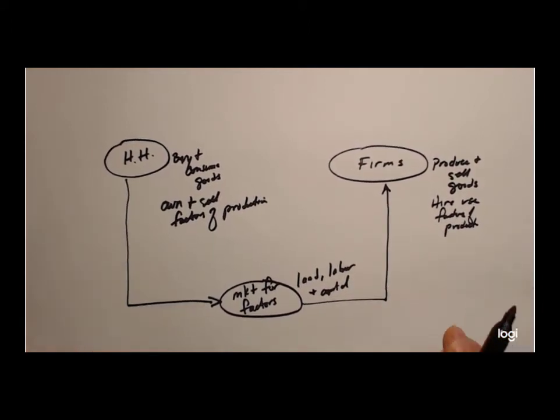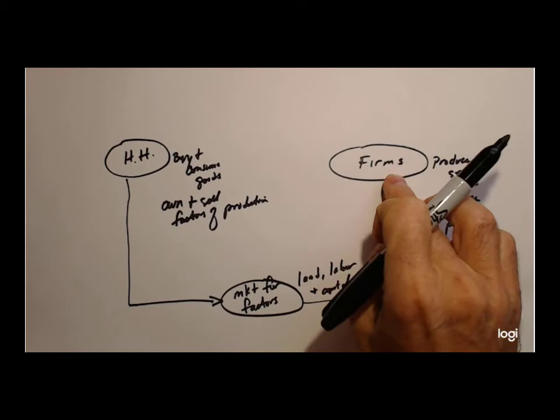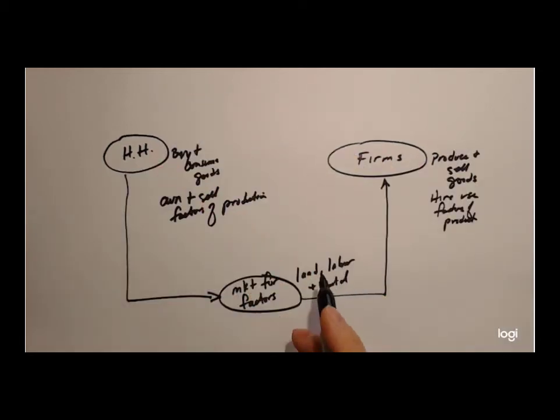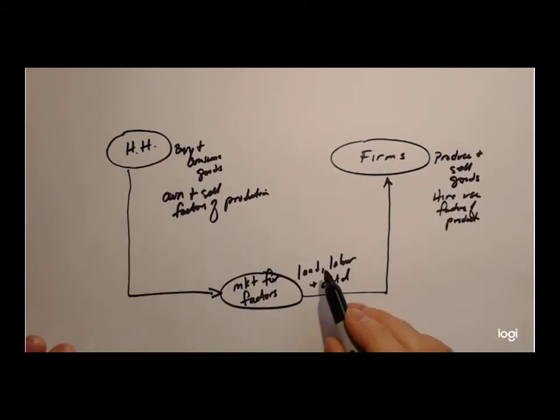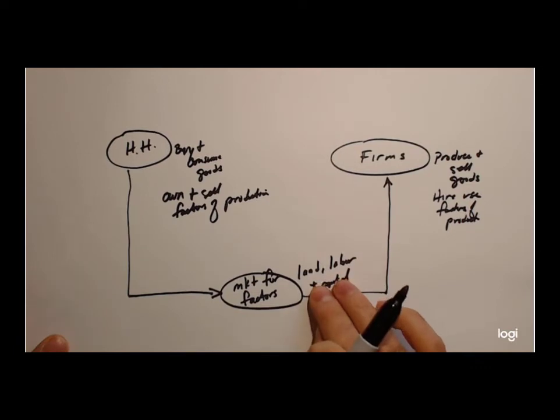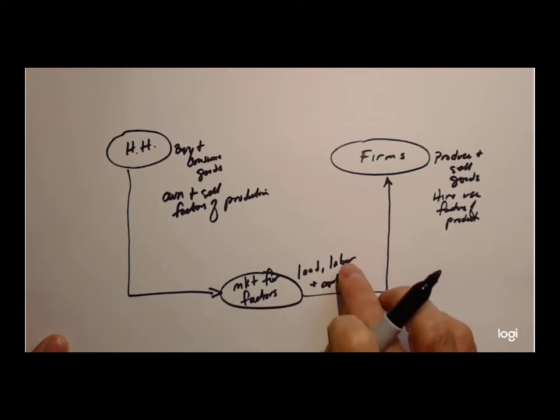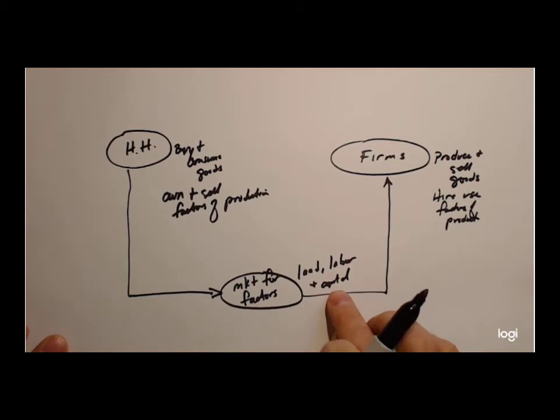Okay? So the price at which land, labor, and capital is determined is based on supply and demand: firms demand, households supply, these various factors. Now, these factors are inputs into the production process. As you can see, land, labor, and capital. Labor is basically workers, capital is machinery. These are inputs.